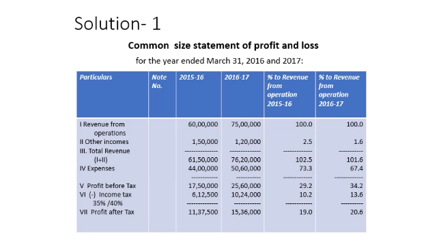Then the results are 100, then 1.6, then 101.6, 67.4, and 34.2 after deducting, then 13.6, and 20.6. It means out of the 100 percent of the current year, you derive only 20%.